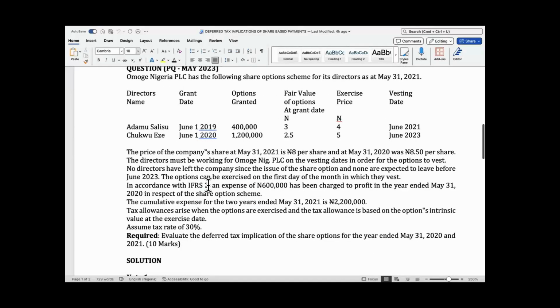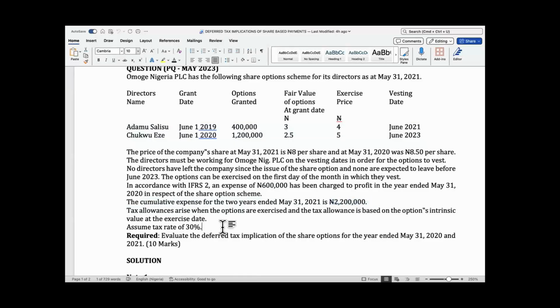Now, according to IFRS 2, the company has recognized 600,000 to P&L in 2020. This is what they recognized. We can actually calculate it from here, but they have already given it to us: this is what they recognized to P&L as part of their staff costs. And they also gave us the cumulative expense for the 2 years as at 2021, what they have recognized in year 1 and year 2 cumulatively.